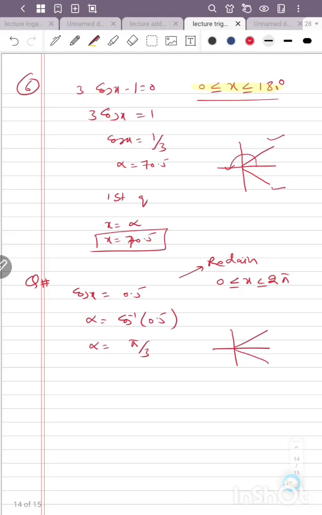For first quadrant, it is the same, x equal to alpha, x equal to pi by 3. For the fourth quadrant, x equal to 2 pi minus alpha. So 2 pi minus pi by 3, we got the answer 5 pi by 3.